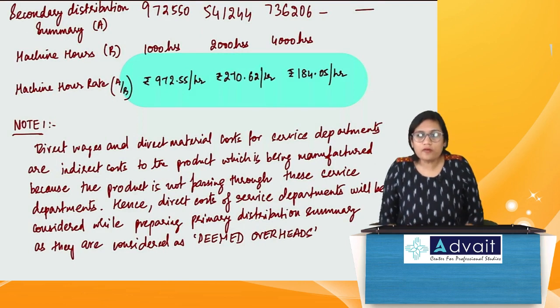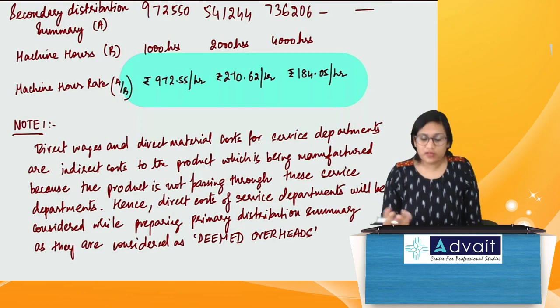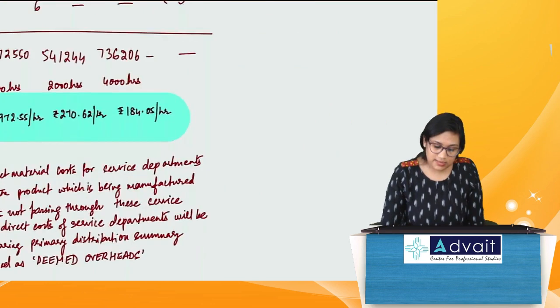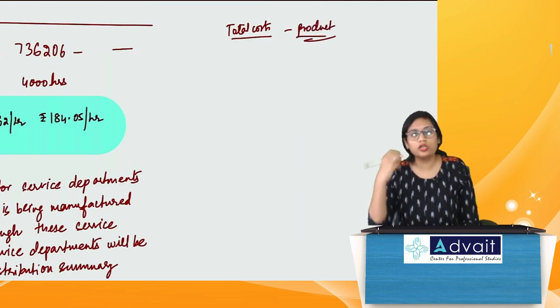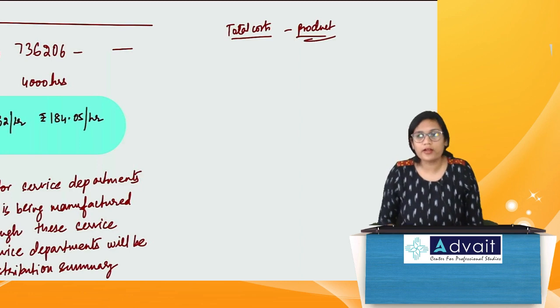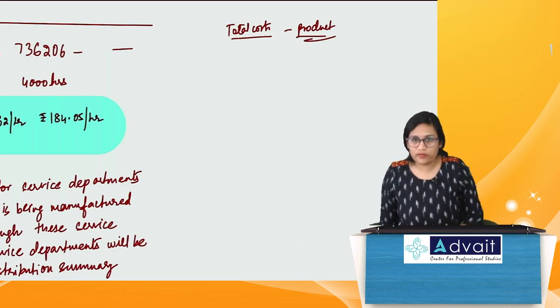What is the use of these figures? Let's say we are calculating the total cost associated with the product which is being manufactured in departments A, B and C of the given problem.